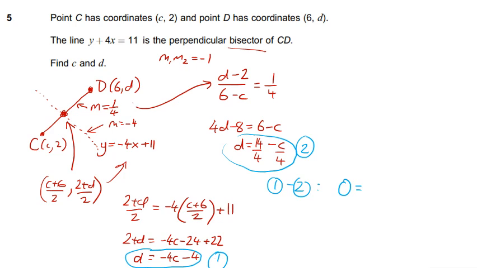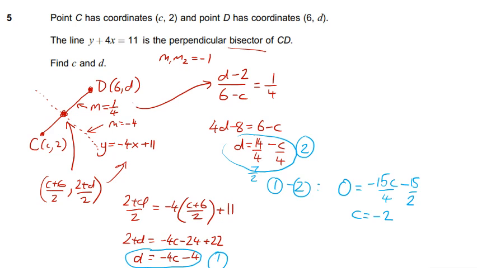I'm going to get minus 15c over 4. And then minus 4 minus 14 over 4. Well, 14 over 4 is the same as 7 over 2. So we've got minus 8 over 2 minus 7 over 2. That's minus 15 over 2. So that gives us c is equal to minus 2.